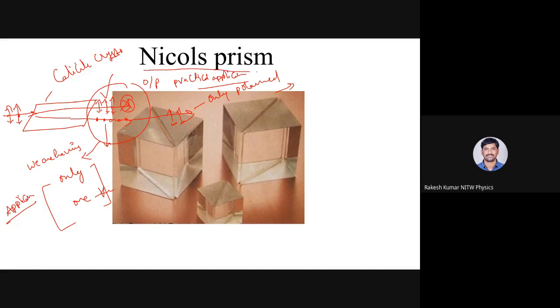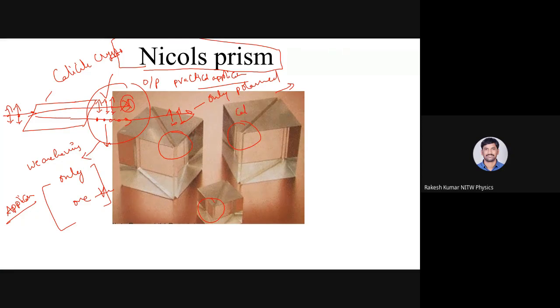Nicols prism is nothing but a modified version of calcite crystal. If you observe carefully, can you observe any difference here? Any observation here? Is it a single crystal or two crystals? At least tell me. Two crystals. Yeah. Two crystals. So this is one calcite crystal.